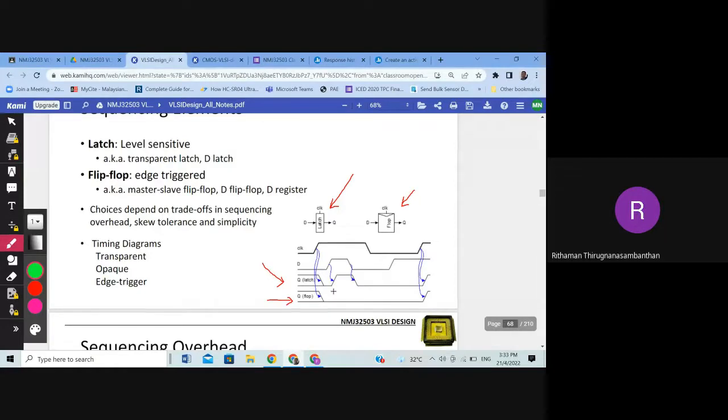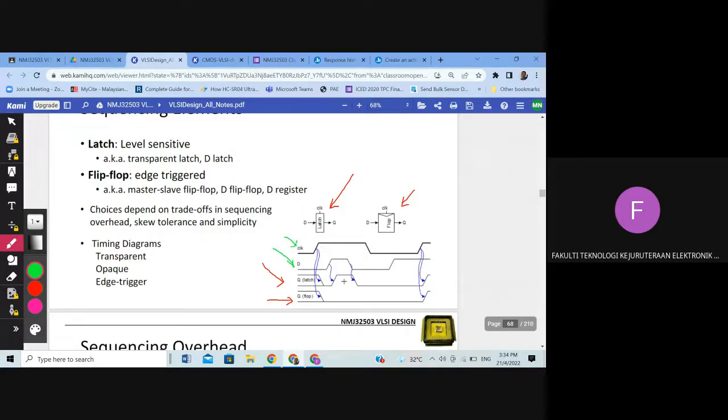Both, sir. It follows the clock and the D input. Okay, partially correct. Good, thank you. So to recap the answer, the output depends on the input D and also the clock, correct.